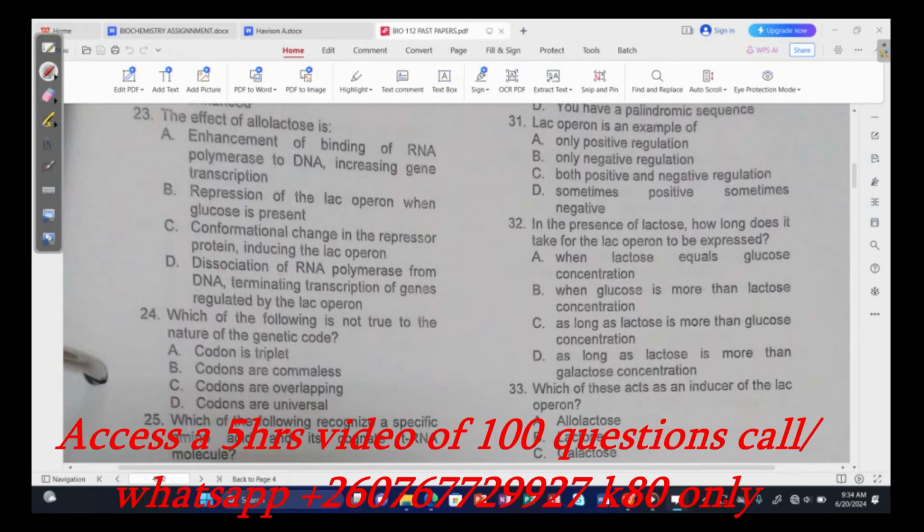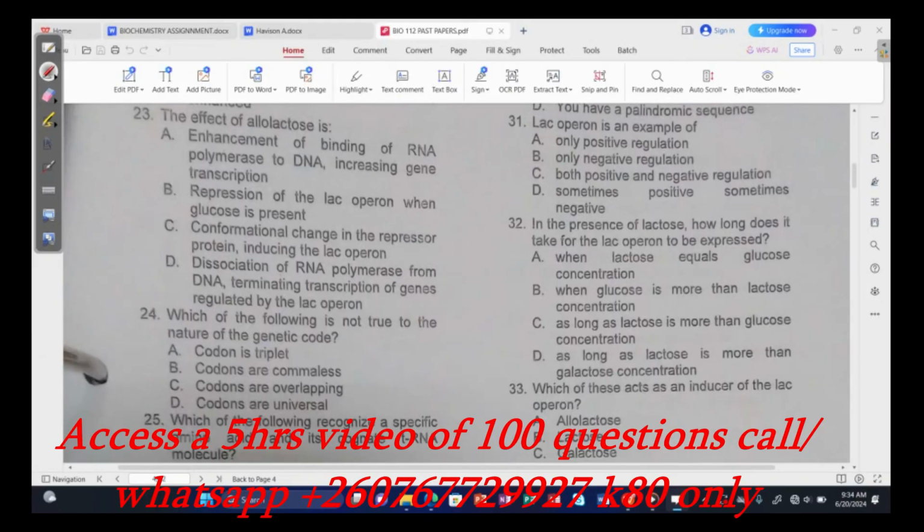So A is saying enhancement of binding of RNA polymerase to DNA, thereby increasing gene transcription. So it doesn't enhance the binding of RNA polymerase to DNA. What enhances the binding of RNA polymerase to DNA is the cyclic adenosine monophosphate bound to CAP. This complex is what enhances option 1.